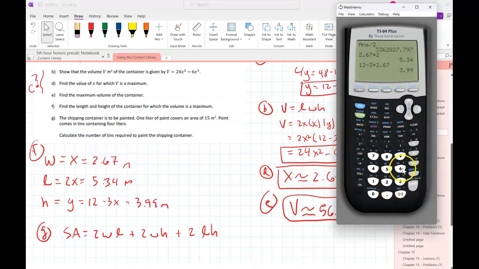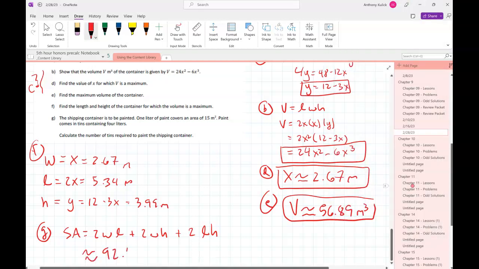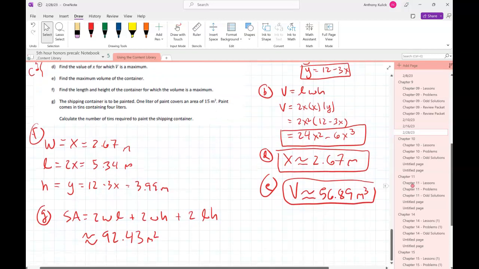So just using my answers from before, I have 2 times 2.67 times 5.34 plus 2 times 2.67 times 3.99 plus 2 times 5.34 times 3.99. So I got about 92.4 square meters.